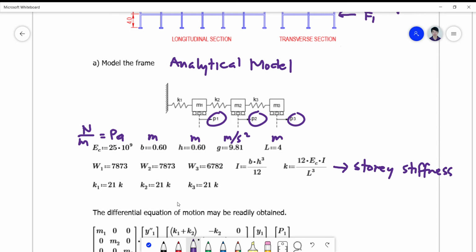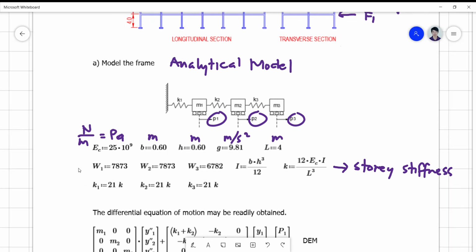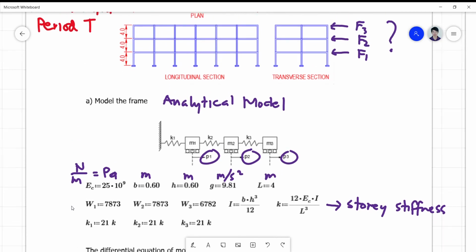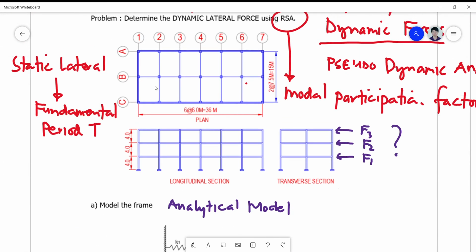So for simplicity again of computation, let us assume that all the columns are uniform in terms of the dimension at each story, so that the total stiffness on one story will simply be equal to the number of columns, which is 7 by 3, 21.